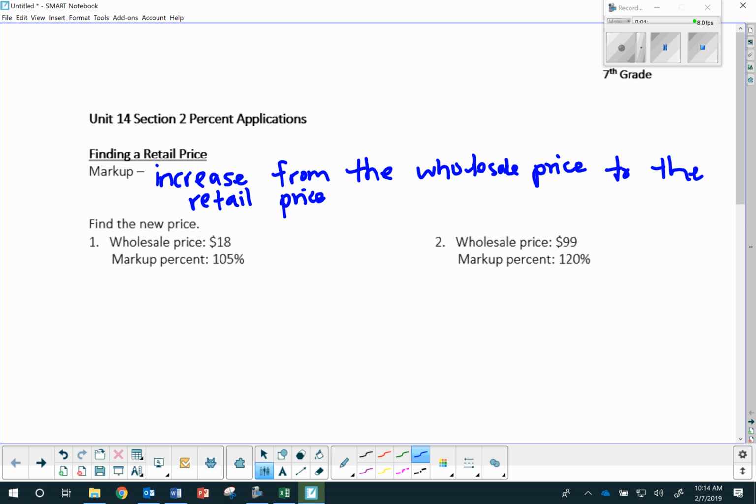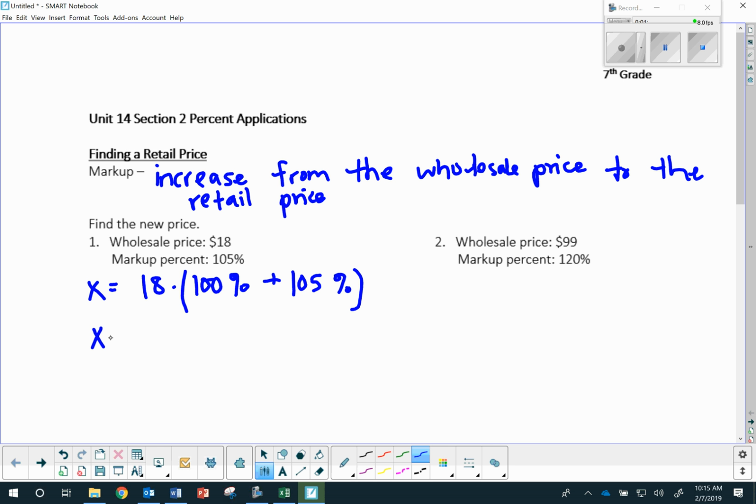So we want to find a new price. So it says the wholesale price is $18. The markup percentage is 105%. So we're going to say X equals 18 times, now we're marking it up 105%. So we're going to take the original percentage, 100%, which would be all 18, plus the markup value of 105%.